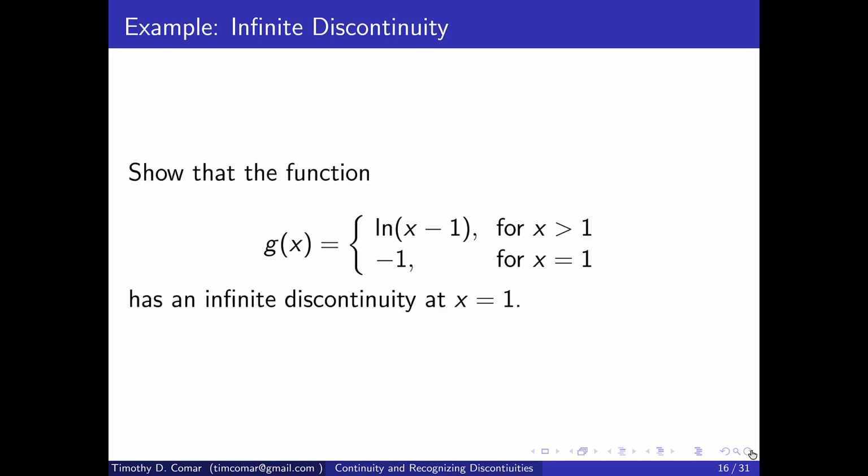Here's another example. So let's show that the function g of x, defined by natural log of the quantity x minus 1, as long as x is bigger than 1, and negative 1 when x equals 1, has an infinite discontinuity at x equals 1.